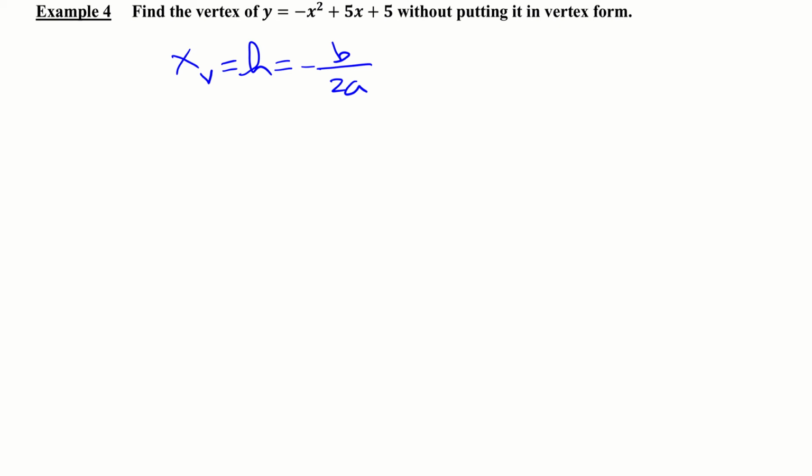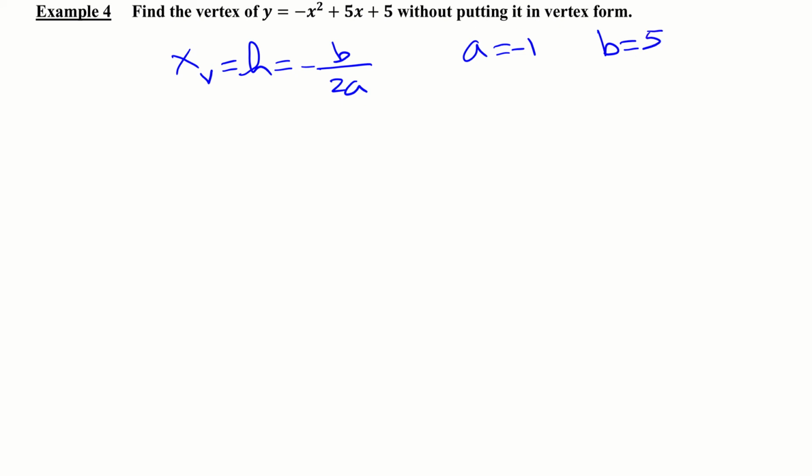Let's go ahead and extract a and b. Notice we don't need c here. We just need to know what the coefficient of the x squared is and the coefficient of the x term is. We notice the coefficient of x squared is negative 1, and the coefficient of the x term is 5. That's b.